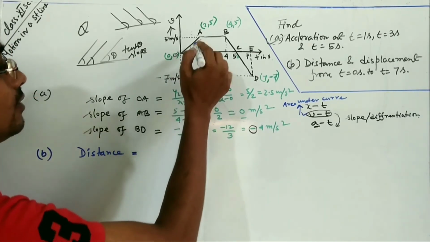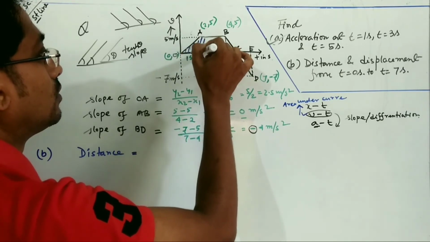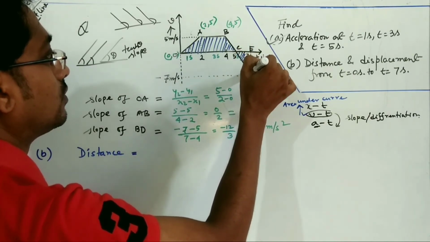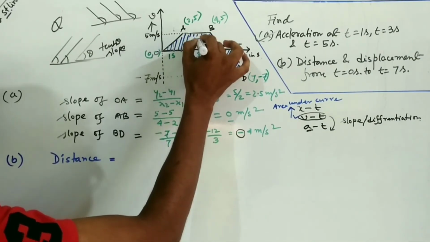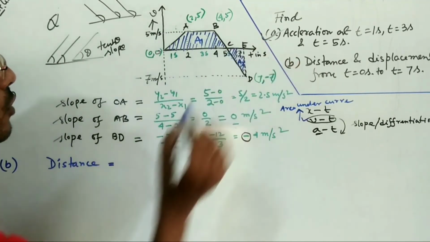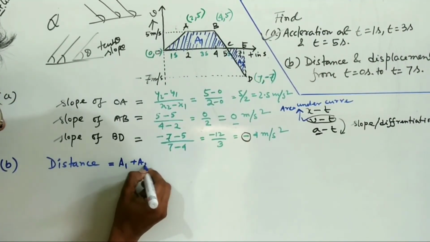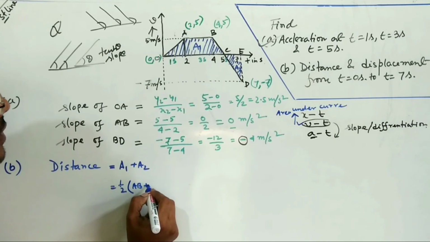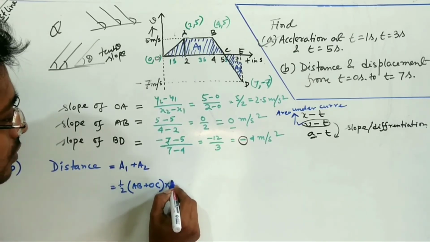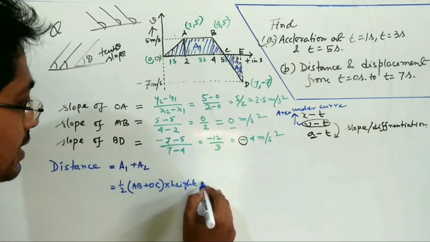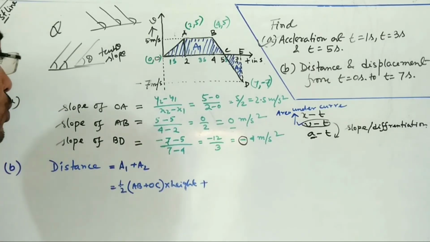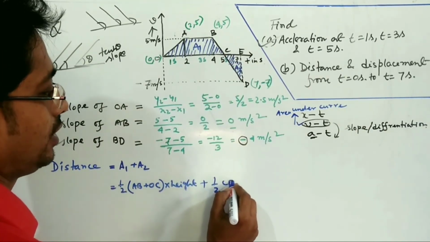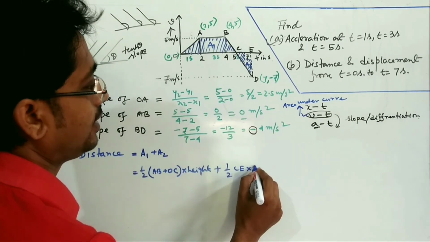So area. Suppose this one is A1 and this one is A2. A1 plus A2. A1 is the area of the trapezium, half of (AB plus OC) into height, plus A2. A2 means this one, half base into height EB.